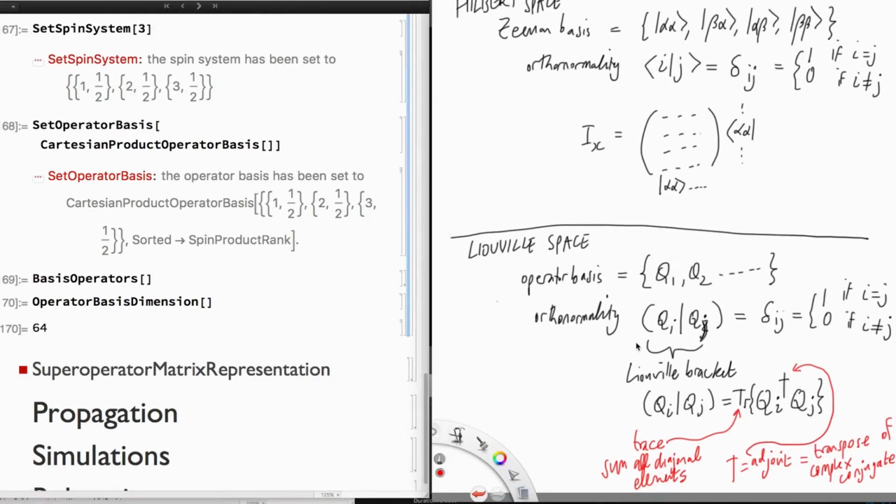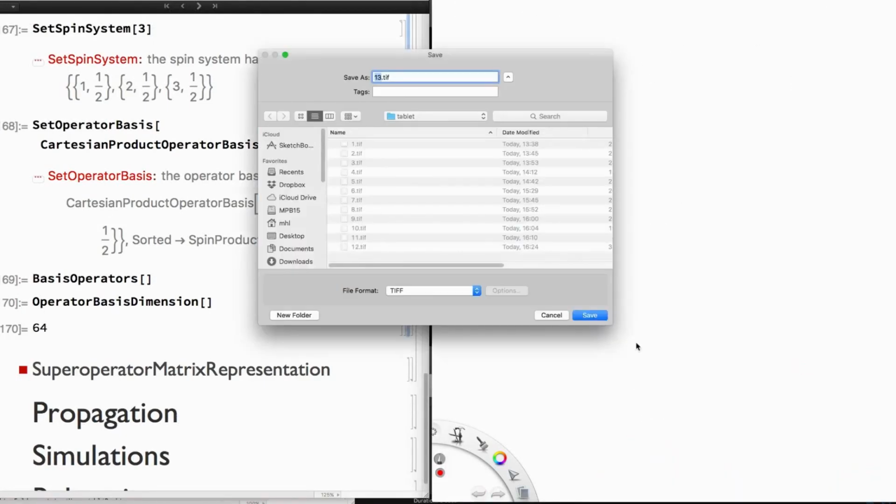So having set up a set of suitable bases, or allowed SpinDynamica to do that work for you, one can then represent a superoperator by a matrix. Just like an operator was represented by a matrix in Hilbert space, a superoperator is represented by a matrix in Liouville space.